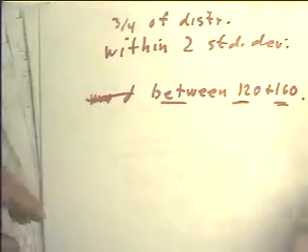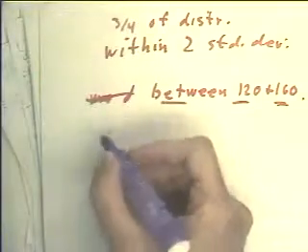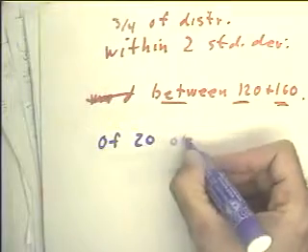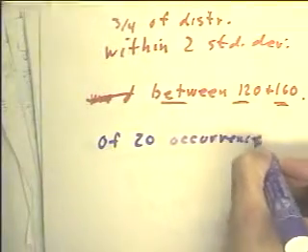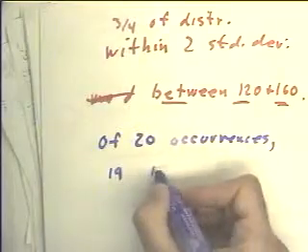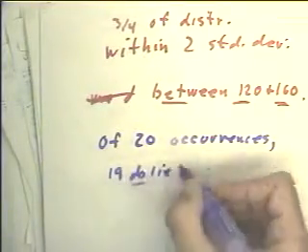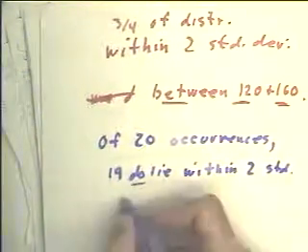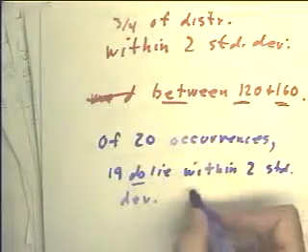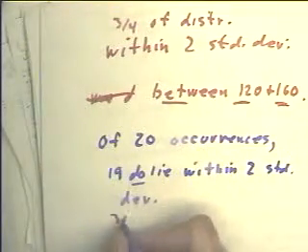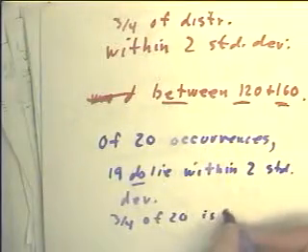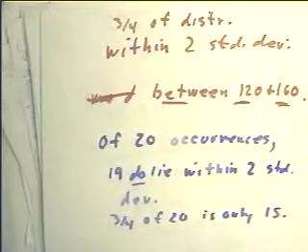So the final result here is that of 20 occurrences, 19 do lie within 2 standard deviations. 3/4 of 20 is only 15.